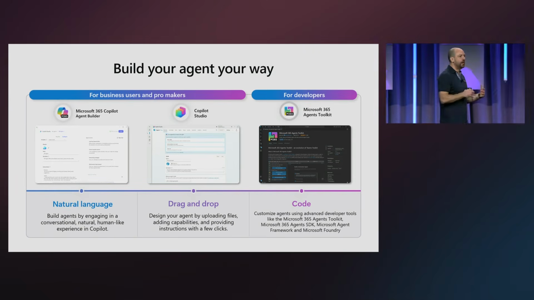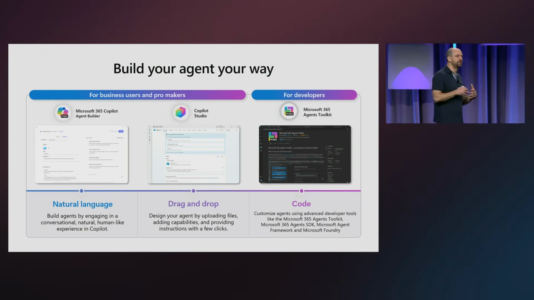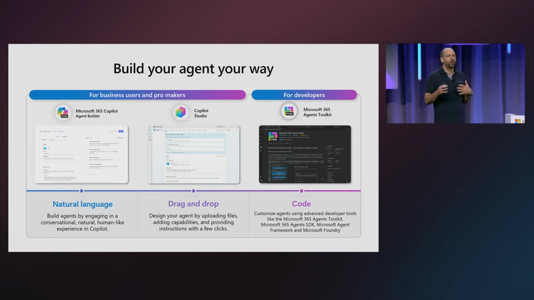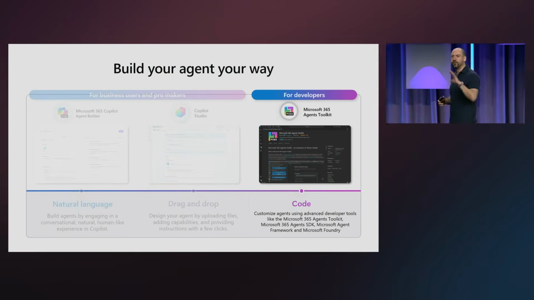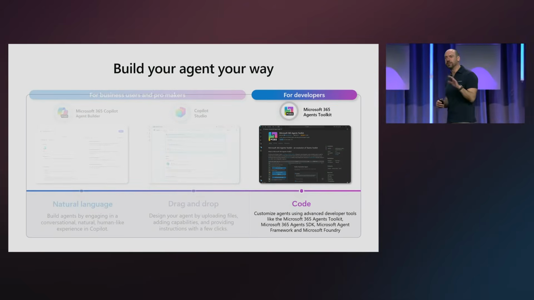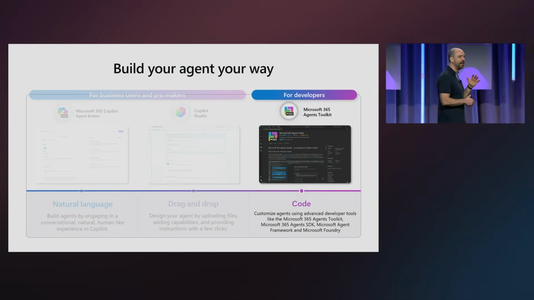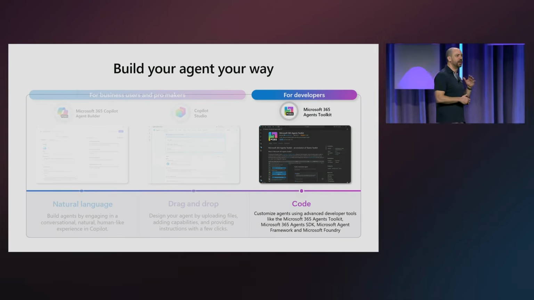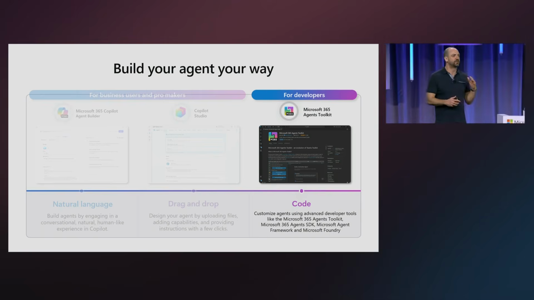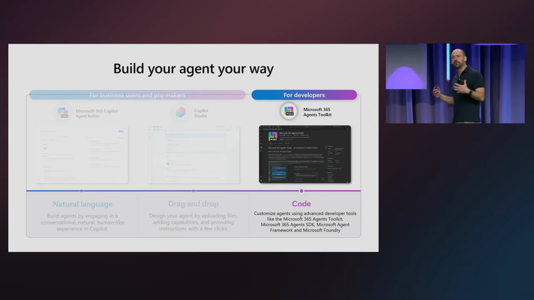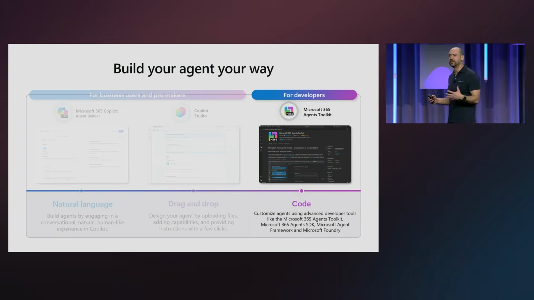It gives makers and power users these building blocks to assemble more sophisticated autonomous solutions. But in this session, we're going to focus entirely on developers. And what is probably the most underknown part of this story, the M365 Agents Toolkit, which is an extension for VS Code and Visual Studio. And it gives you several different options for building agentic experiences.